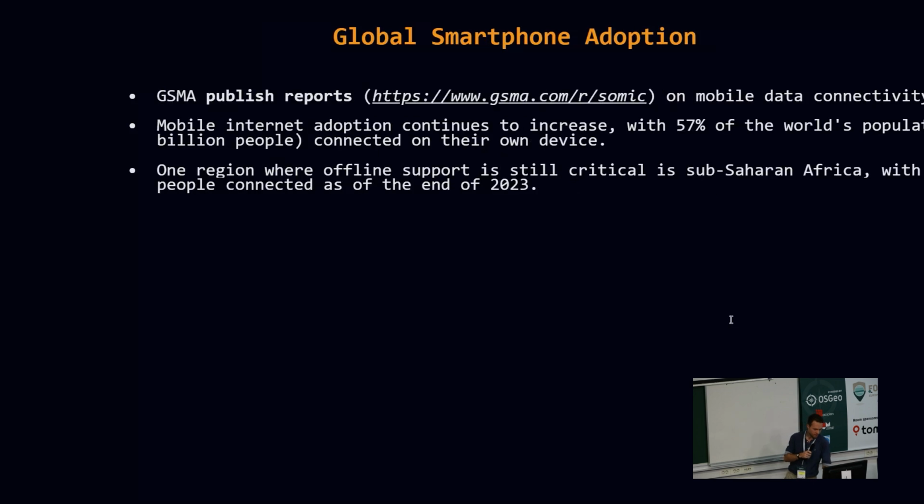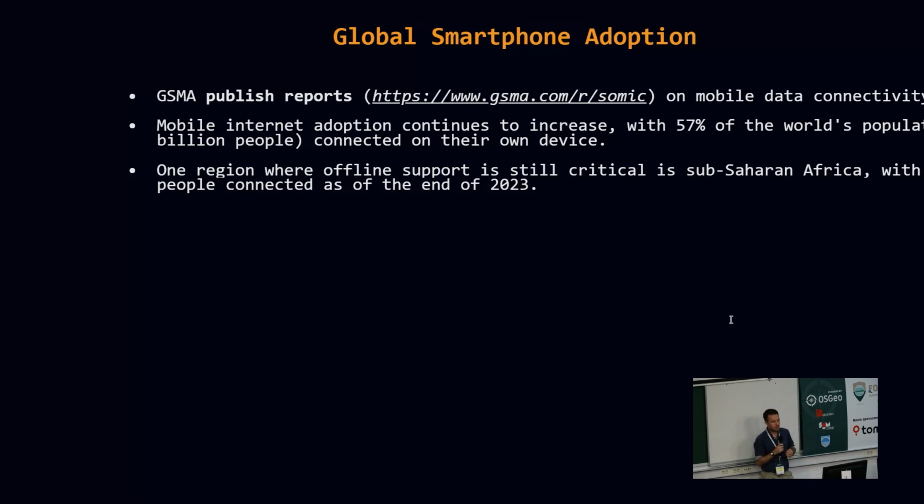The final thing that I'll mention, more on the humanitarian aspect, is global smartphone adoption. Obviously, this is not so much of a concern for us here in Bosnia, but in many regions of the world, there's not great mobile data connections or any mobile phones at all.